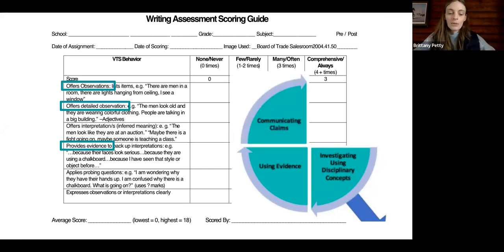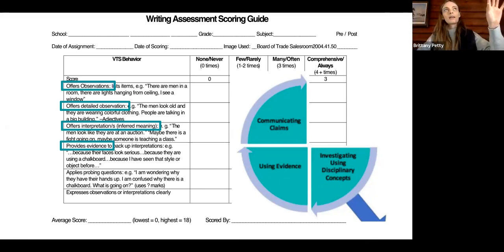And then communicating claims, that's when they're talking about it, or writing about it. A lot of times it's like maybe, or maybe they're doing this, or they're getting specific, not just describing or even saying because, but a bigger picture. It's like, well, I see this, then maybe this is going on because.